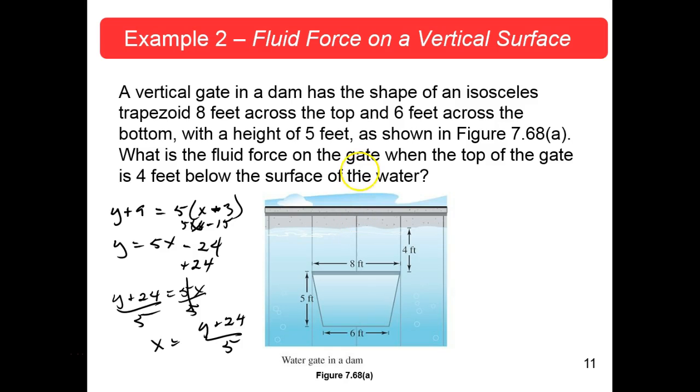Remember though, x is just this length, okay? Your strip is 2x, so the length is 2x, so you would have to double that. So 2x, and that's the length function, is equal to 2/5 times y plus 24. All right. So there is your length.